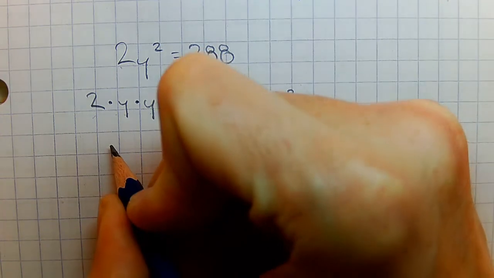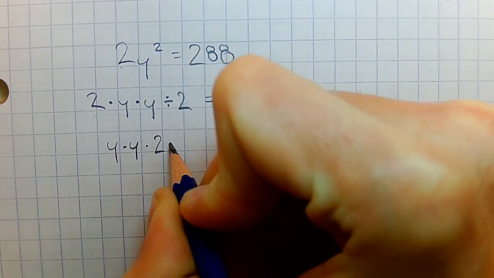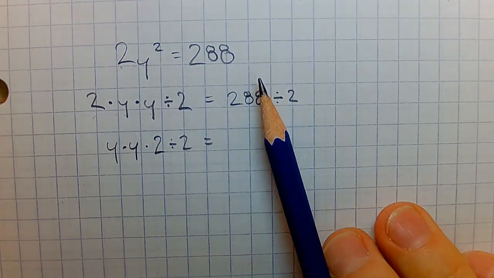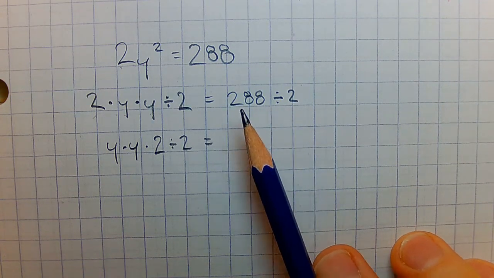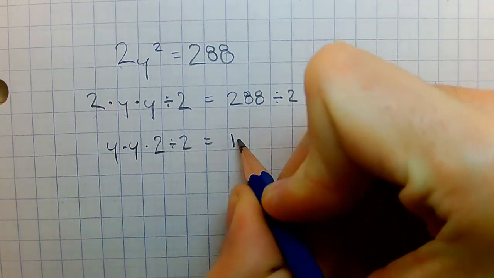That tells me that y times 2 divided by 2 is equal to, this is a calculation, I can simply perform that calculation and simplify. 288 divided by 2 is 144.